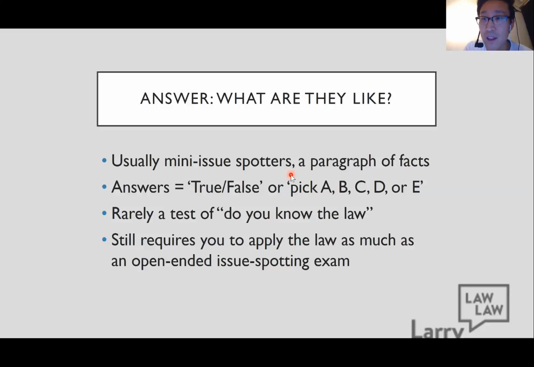The mental intent element is not present because they were on acid. C, there's no actus reus. He didn't really act. Okay, so you're not going to get a question like which of the following are the elements of criminal law. You're going to get an actual issue spotter type question, and you'll have to run mentally through an issue spotting answer in your head to be able to answer the question.